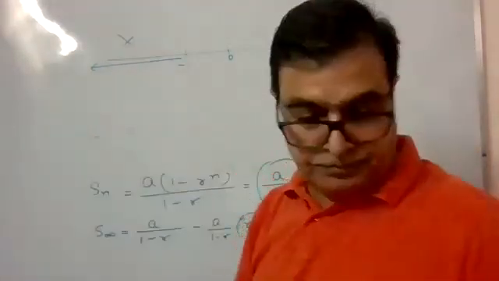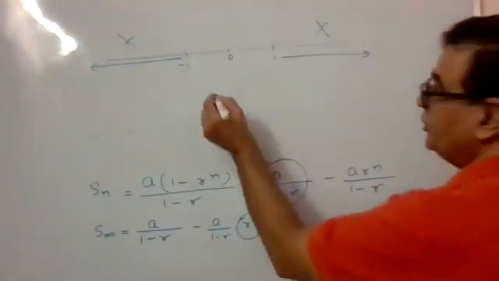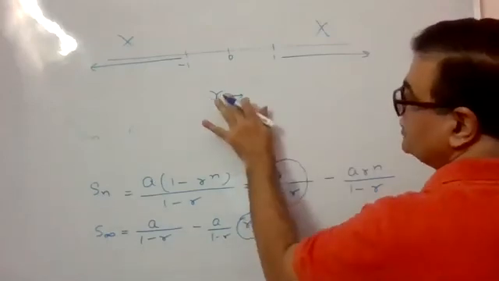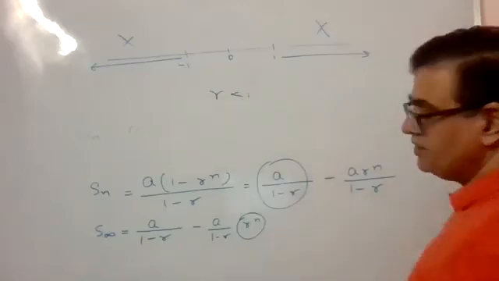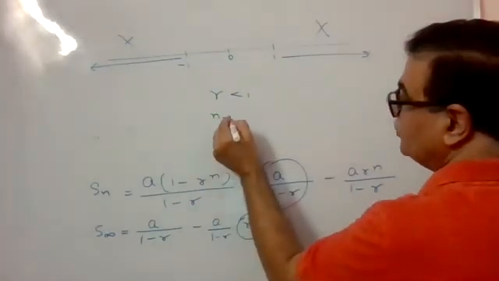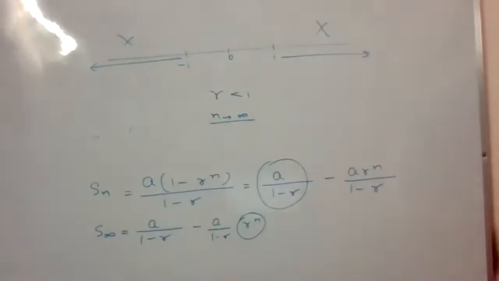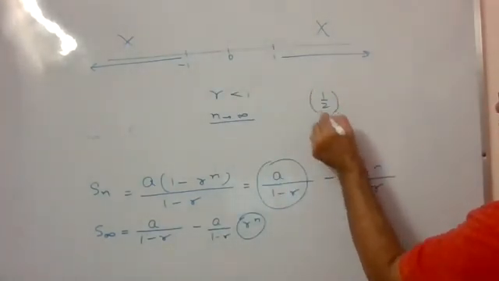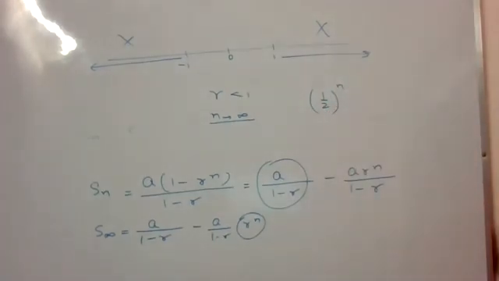Now just check. As R is going towards 0, or I should say R is less than 1, right? And n is going towards infinity. Just check here what it will come. R is less than 1, maybe taken half, right? इसकी power हमने ली n.